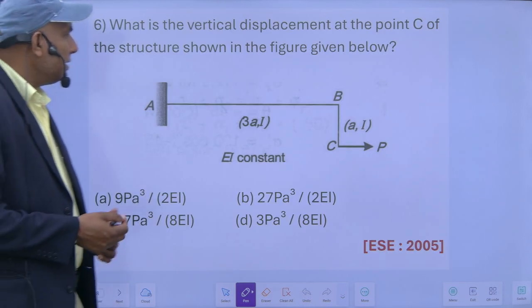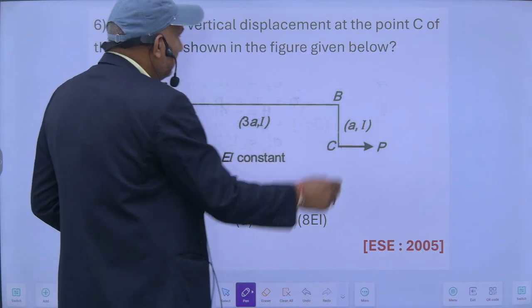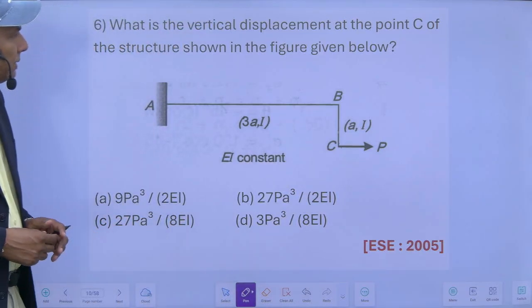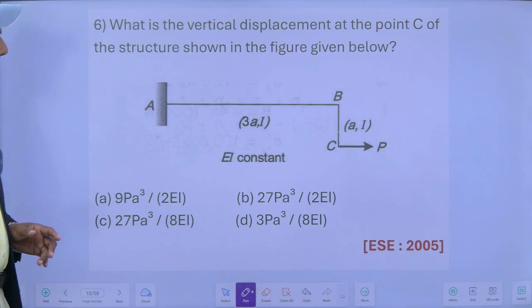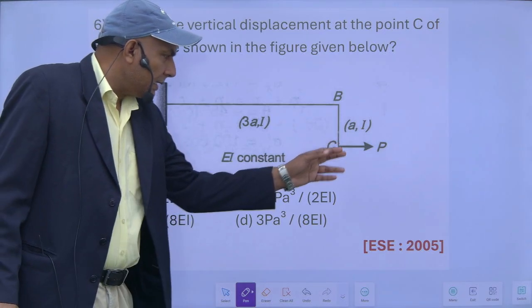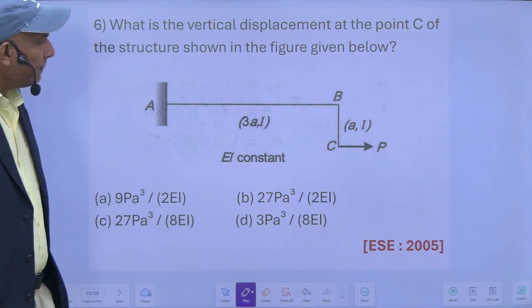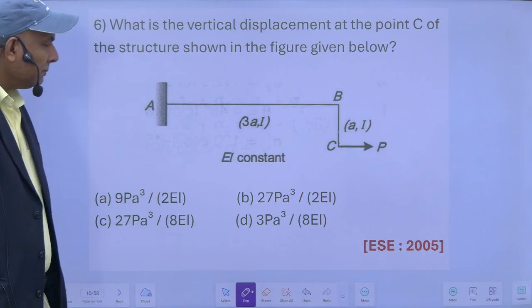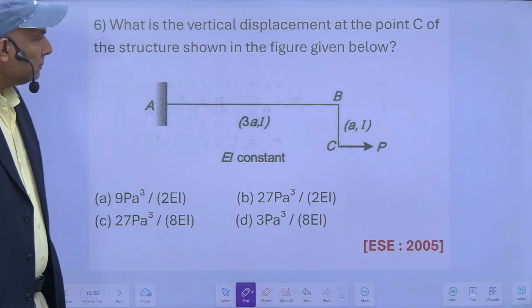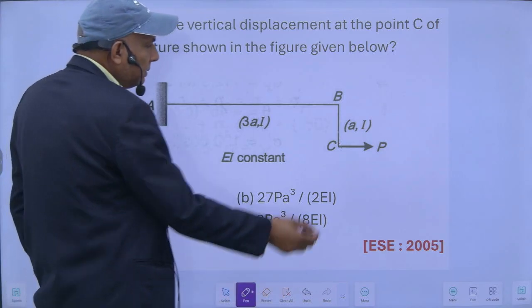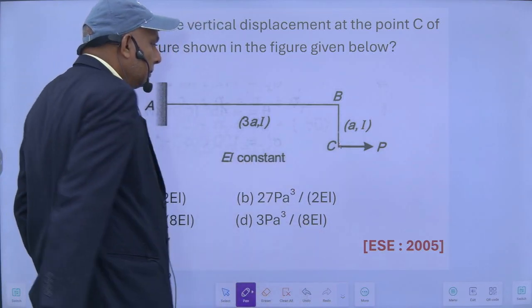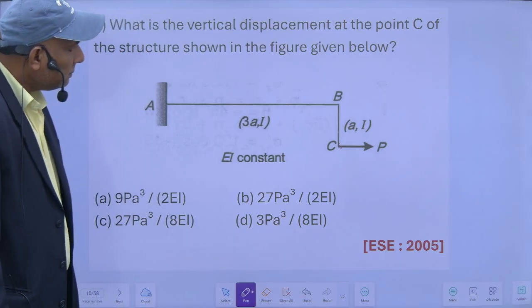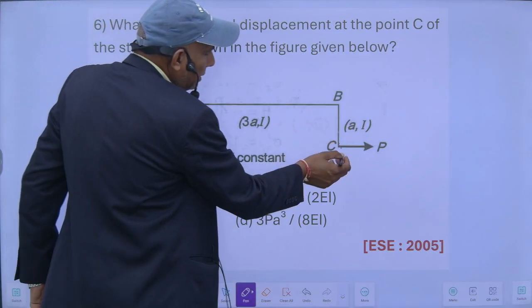What is the vertical displacement at the point C of the structure shown in the figure? So vertical deflection at this point C, I can find by the strain energy method.